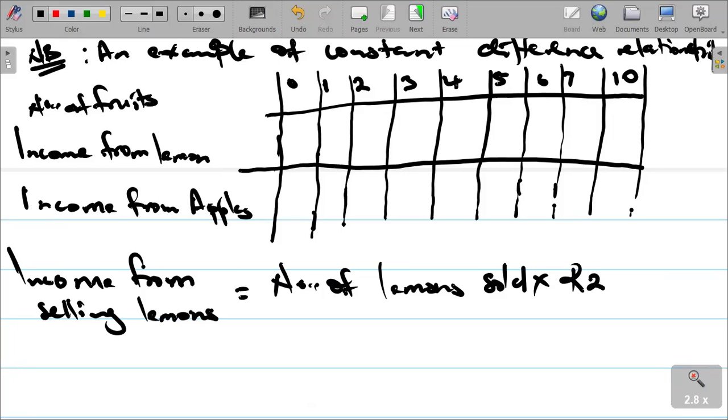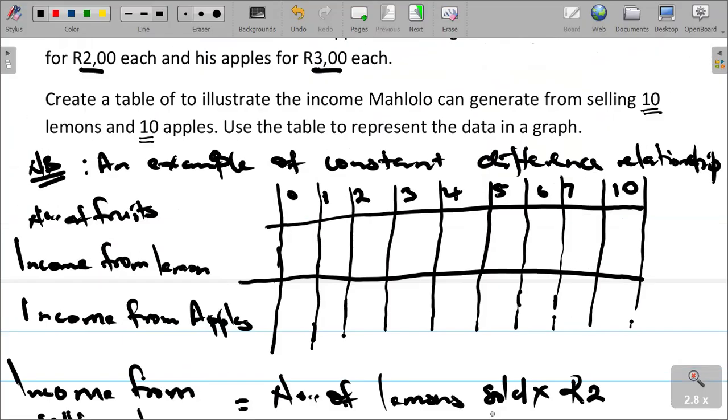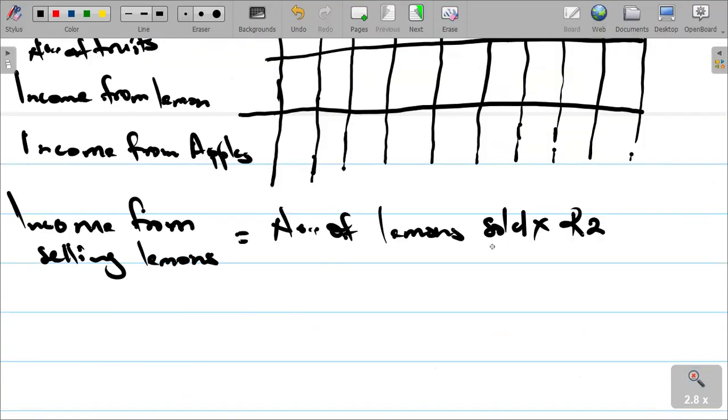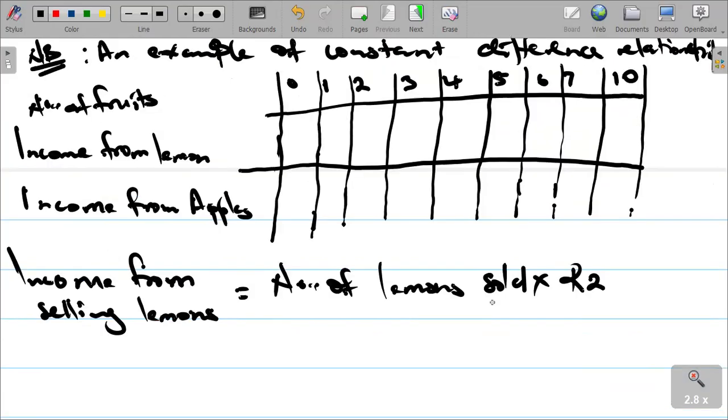So in terms of the lemons, each lemon costs 2 rand, and an apple costs 3 rand. So the income from selling lemons is the number of lemons sold multiplied by what?